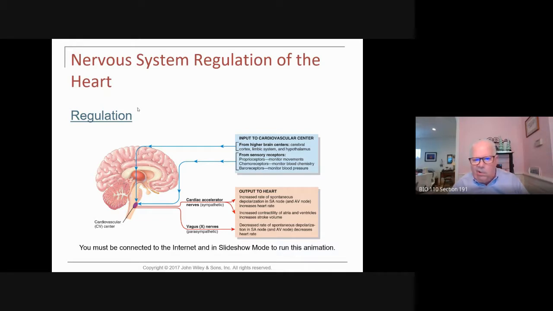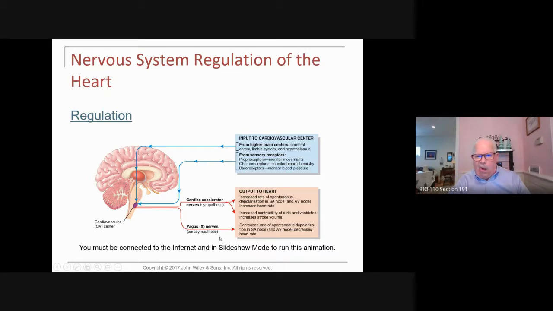But there are certain nerves in your body that can affect heart rate. The majority of these nerves will increase your heart rate because it's all due to epinephrine. However, there is one nerve that will always lower your heart rate, and that nerve is the vagus nerve, cranial nerve number 10, the champion of the parasympathetic system.